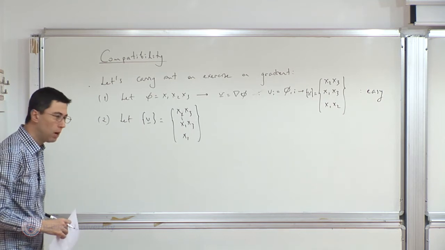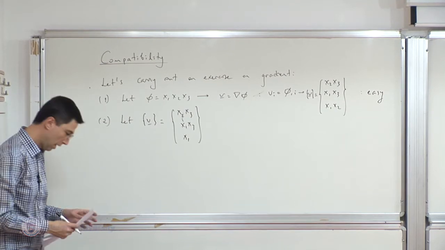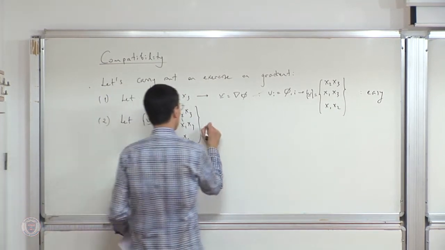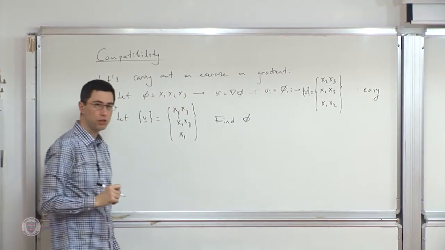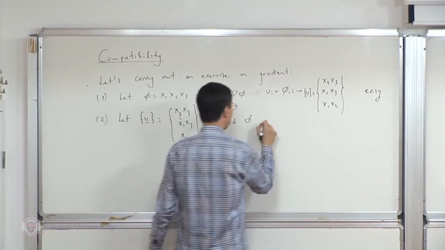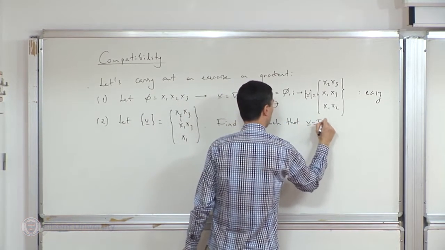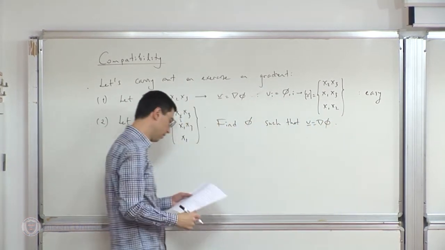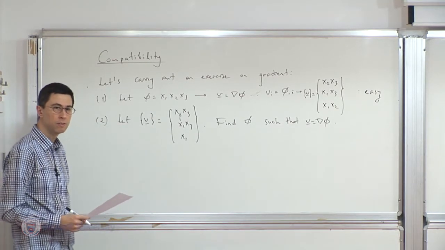Now I'm giving you a vector field, and the question is, find a function phi such that v is its gradient.